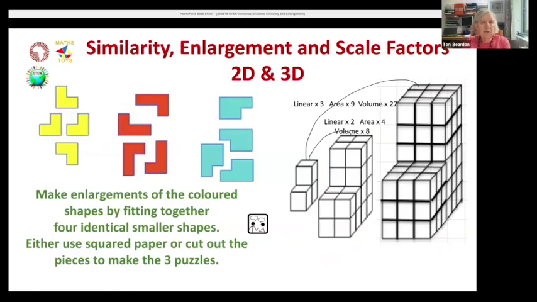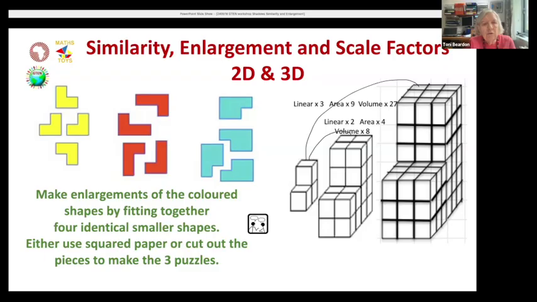Now we're going to ask you to do an activity, actually 3 activities here. What we have got is yellow L shapes made of just 3 squares, and red L shapes and blue. For each one of them, we want you to make an enlargement of that shape by fitting together 4 identical smaller shapes.